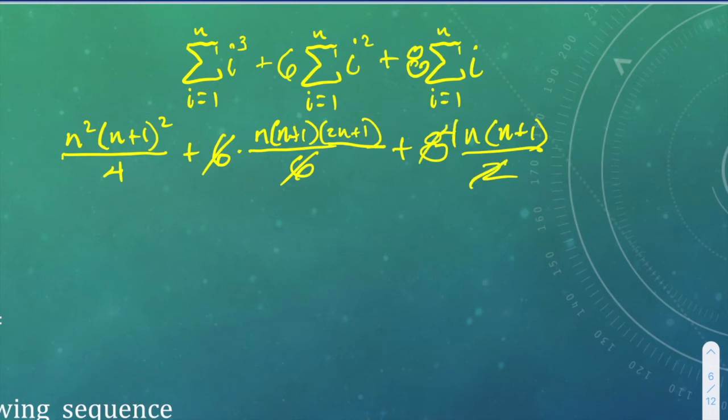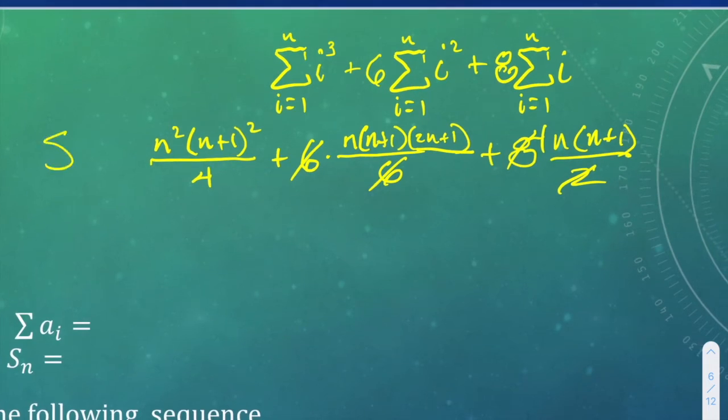So if you look carefully now, as we're looking at this version of S sub n, we can clean this expression up a little bit. We can actually factor out n times n plus 1 out of each of the sections here. So we're going to do that, and then we also see that there is a greatest common factor of 4 down in the denominator. So as we do that, we're going to say n times n plus 1 over 4, and that factors out.